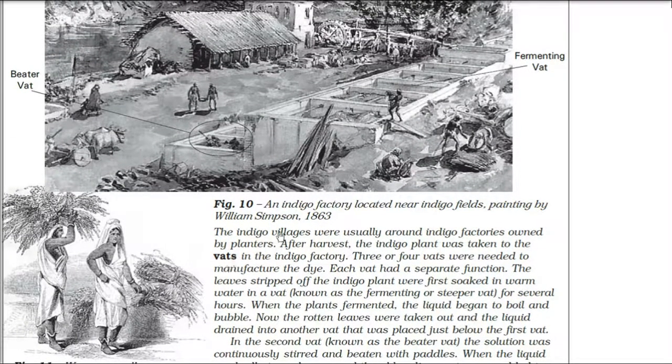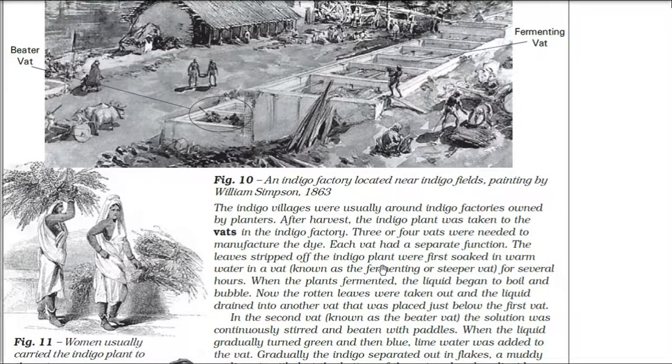Now the harvested plants which are brought, the leaves are taken off and put in the fermenting vat. So this is the first tank. Here the indigo plant and the leaves are put in hot water and left for fermentation. Once this fermentation is done, all the bubbles will come.